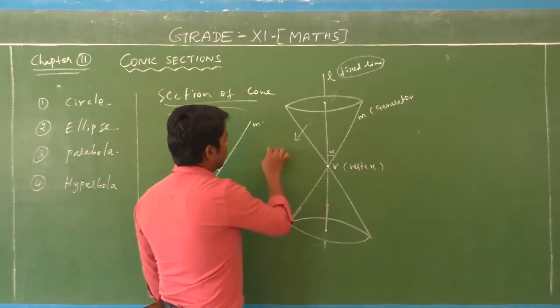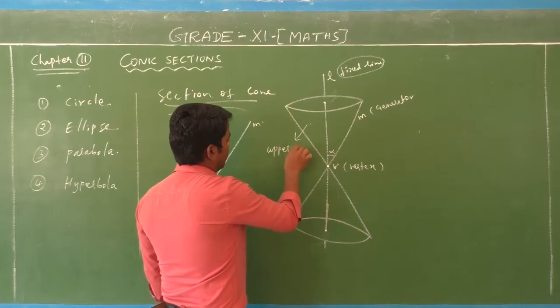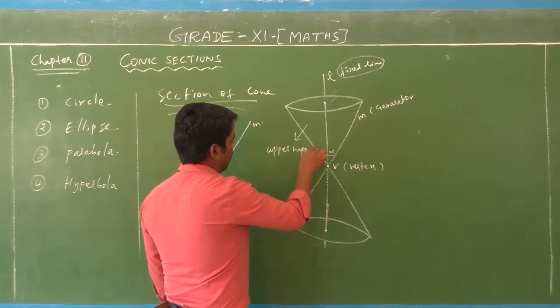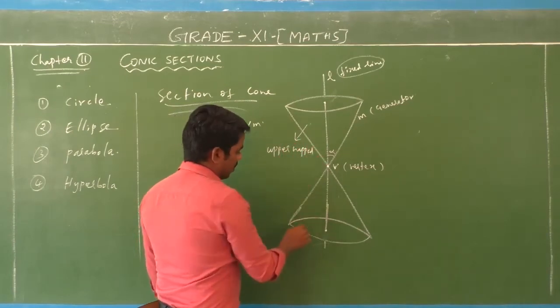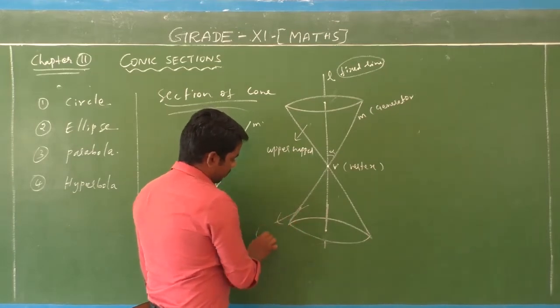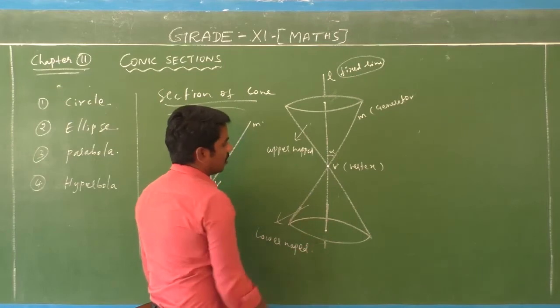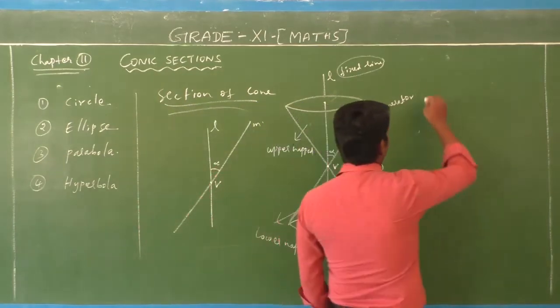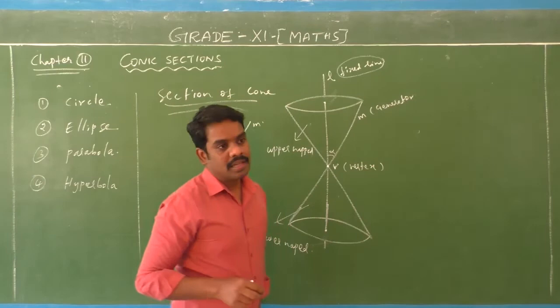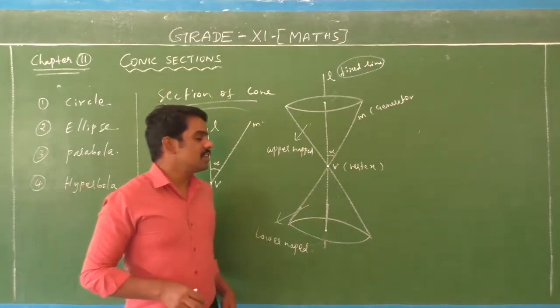This is the upper nappe. This is the lower nappe. Okay, this is a right circular cone.